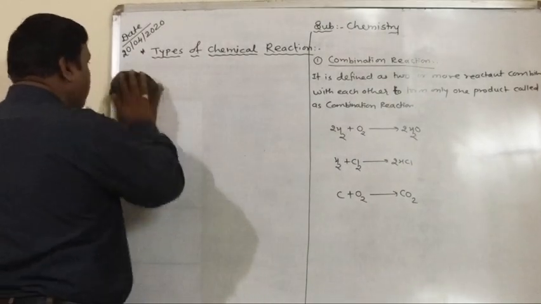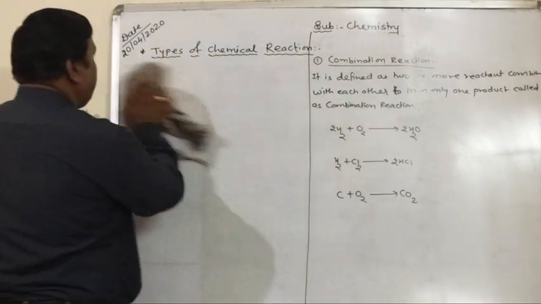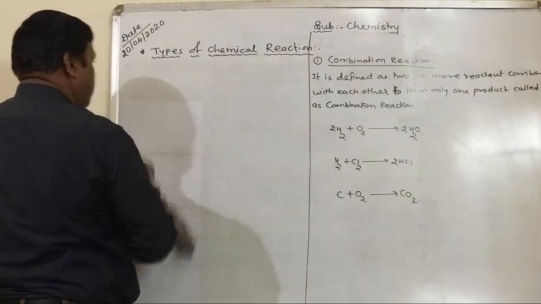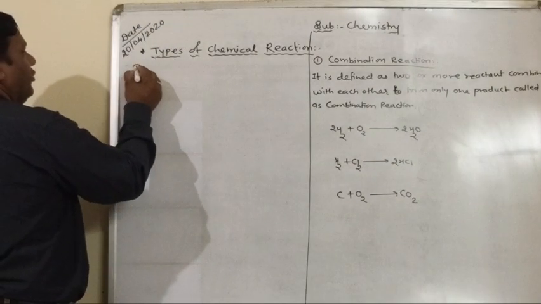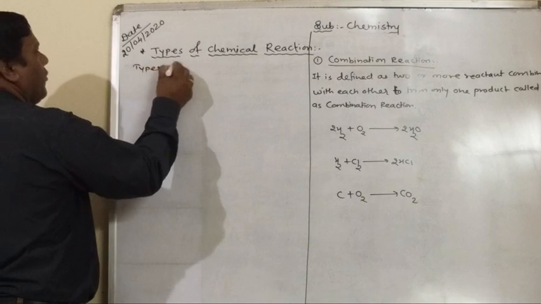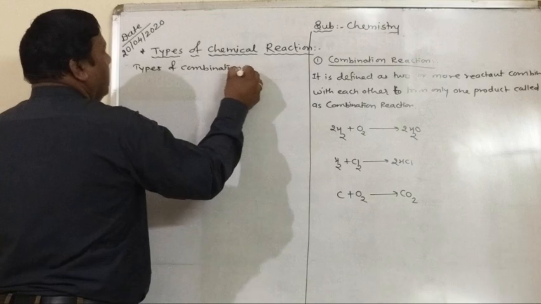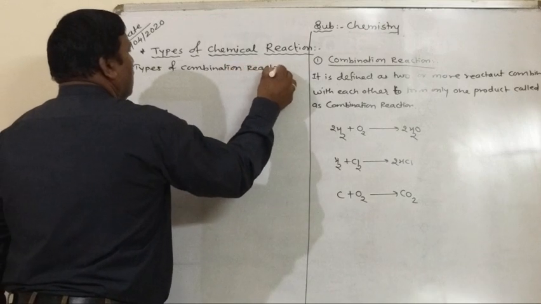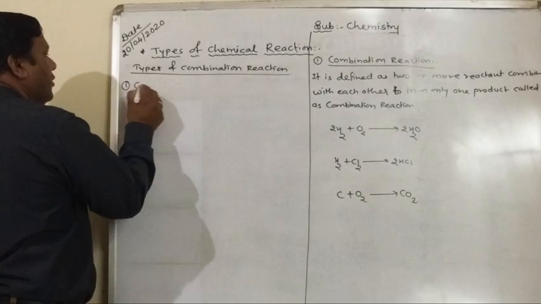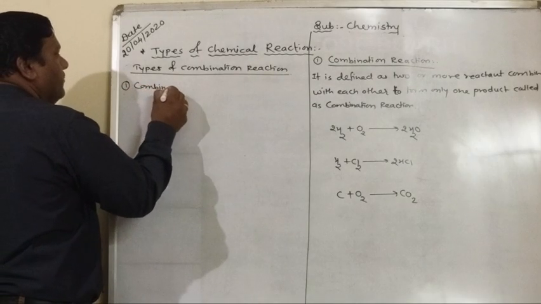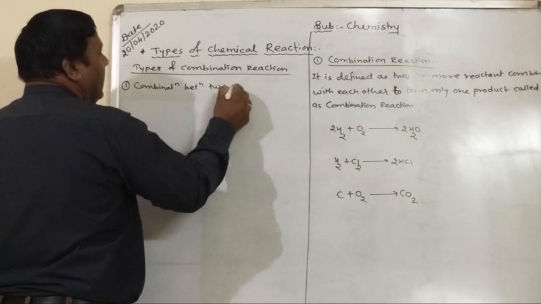Which are they? Types of combination reactions. The first one is combination between two elements.